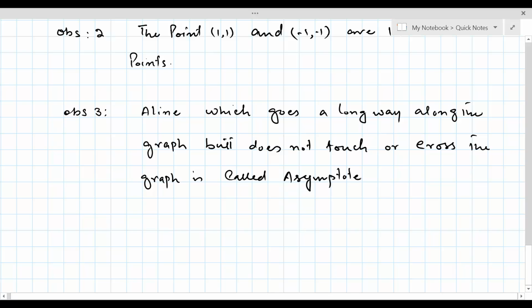So here you can see that both the x-axis and the y-axis are asymptotes.